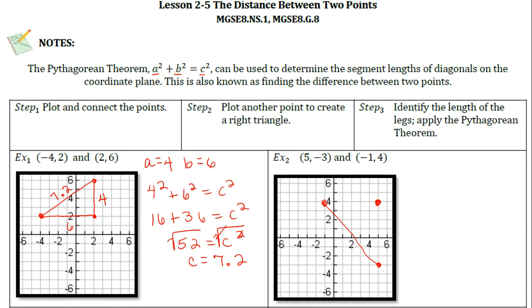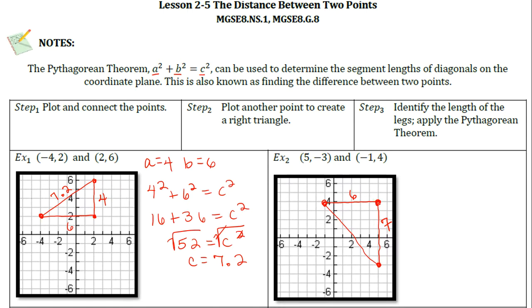So the horizontal leg is 1, 2, 3, 4, 5, 6 units. Our vertical leg is 1, 2, 3, 4, 5, 6, 7 units. So you see that this leg goes horizontally and this leg is vertical.